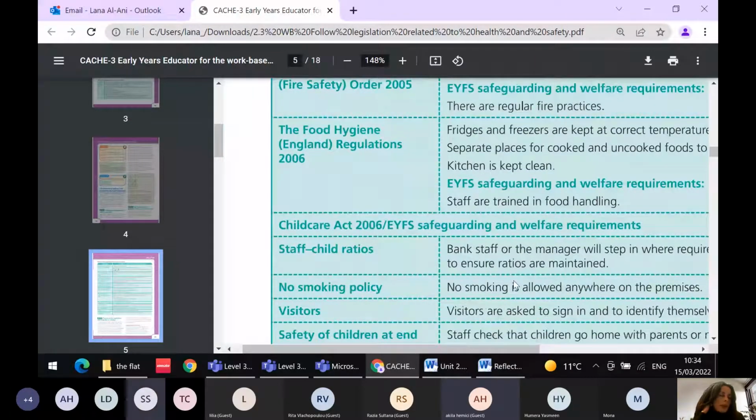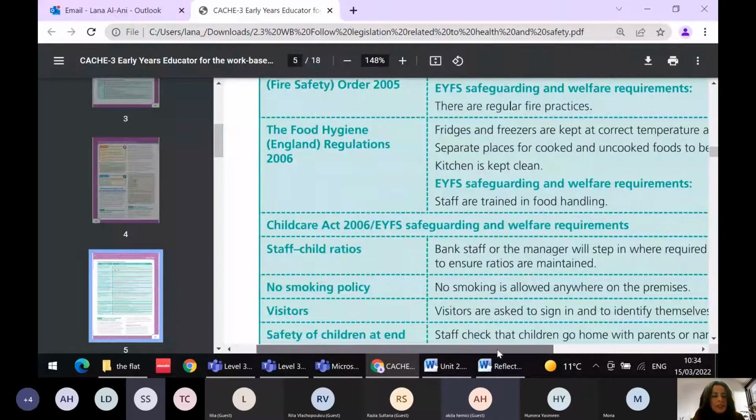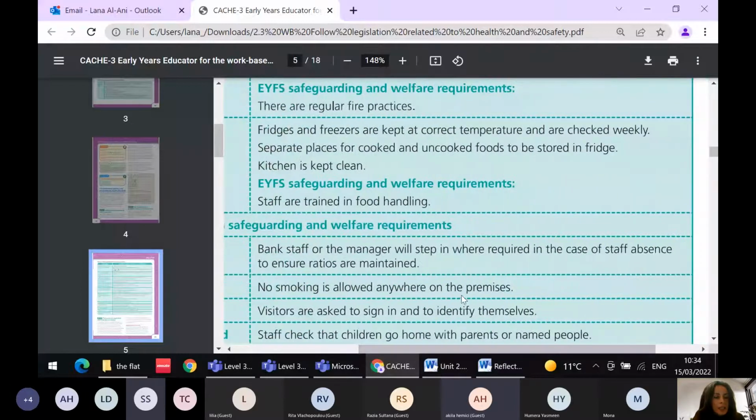So it should be a person who's trained for fire safety. Also, the Food Hygiene (England) Regulations 2006. What about these regulations? Freezers are always, we should keep the right temperature there, and also we should check it weekly. If there is any moldy food, anything gone expired, we should take it out.